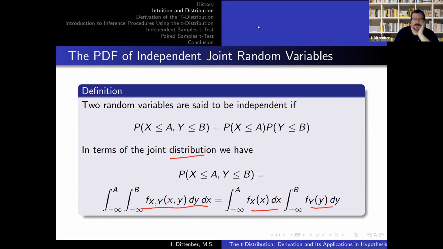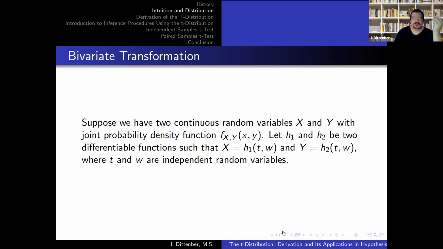All right, let me clear all terms. That brings me to the next part, which is a bivariate transformation, which I guess I didn't mention. So we will use a bivariate transformation. We're going to take our t statistic and turn it into the product of two random variables whose distributions we know.